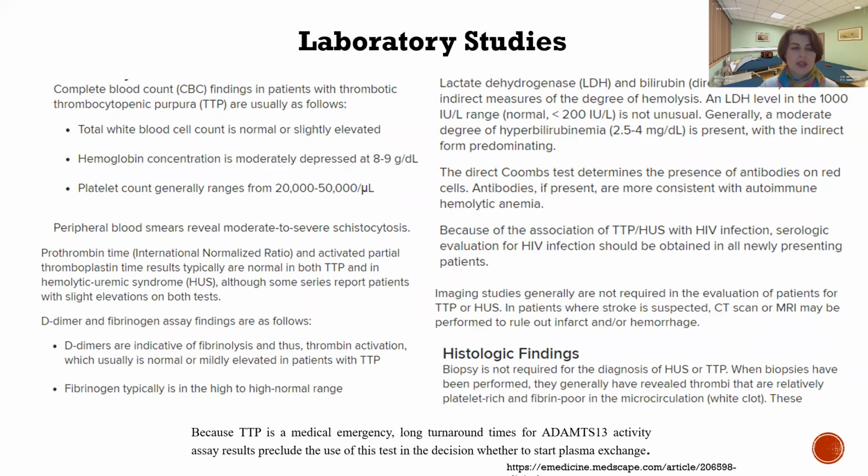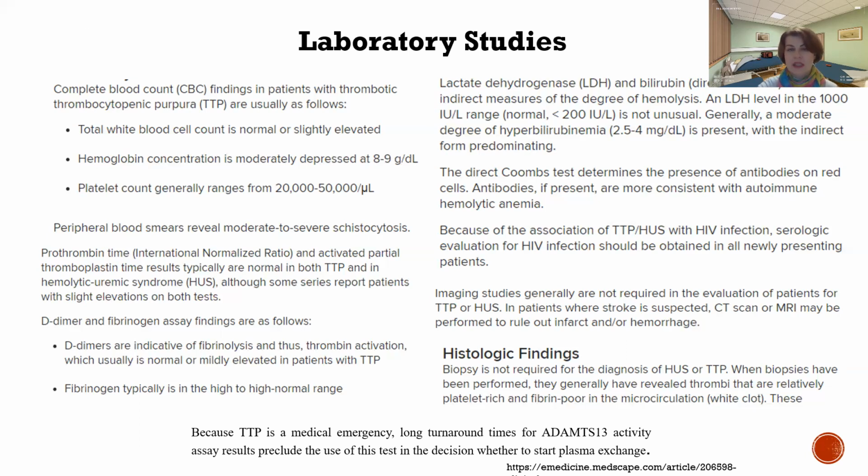D-dimer and fibrinogen findings indicate normal or mildly elevated levels in patients with thrombocytopenic purpura. The D-dimer is indicative of fibrinolysis and thrombin activation. Fibrinogen typically is in the high to high normal range.